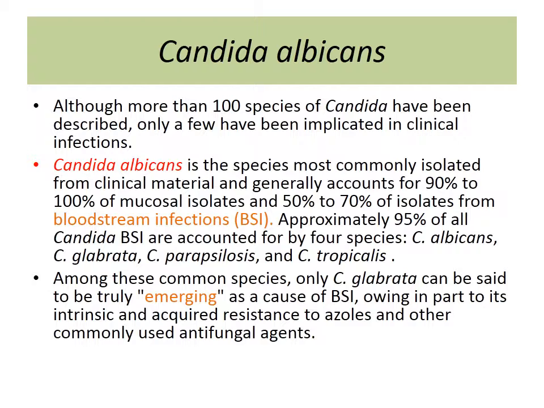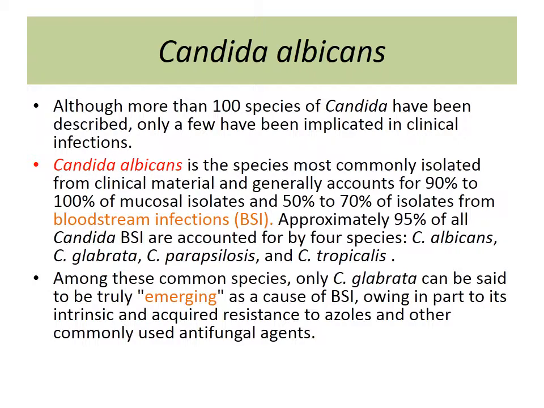Out of 100, we just want you to remember 4. Whenever I teach that, it reminds me of Starbucks coffees and the different names they have, lattes and this and that. So glabrata was the number 1 that you want to remember, if that happens to be a mnemonic.